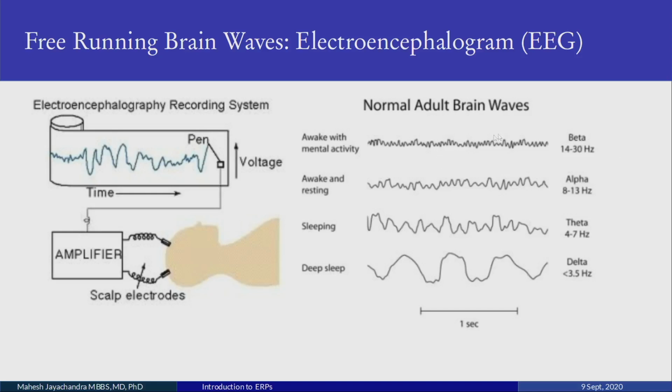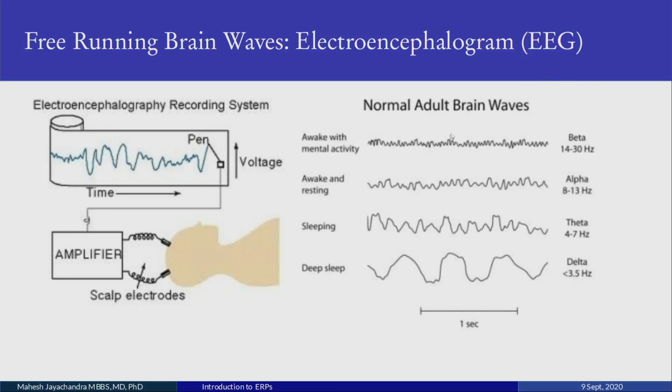Right on top is beta activity, which is the normal mental activity, 14 to 30 hertz. The beta activity is high frequency by EEG standards, but low amplitude, while for all the rest, the lower the frequency gets, the amplitude increases.